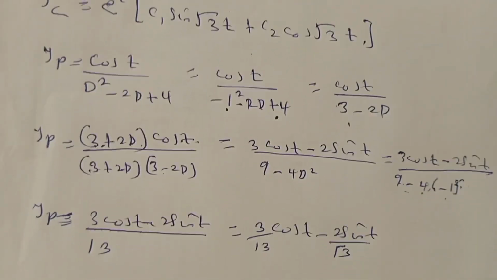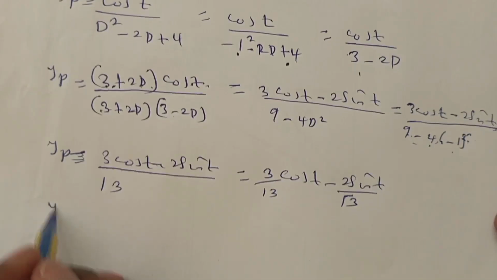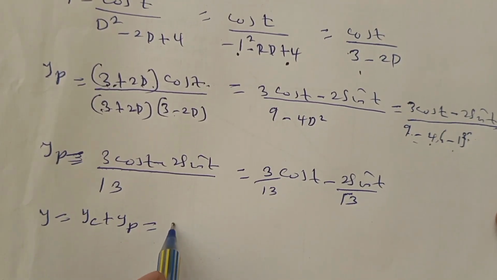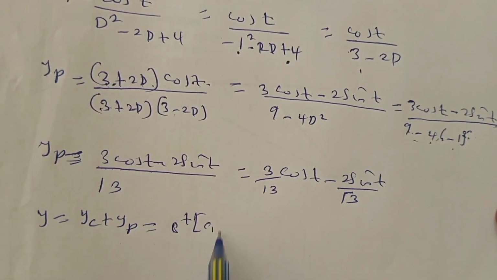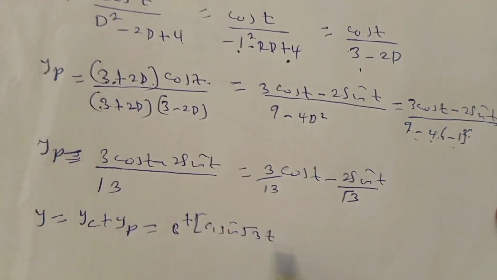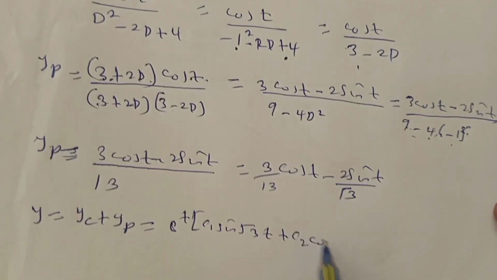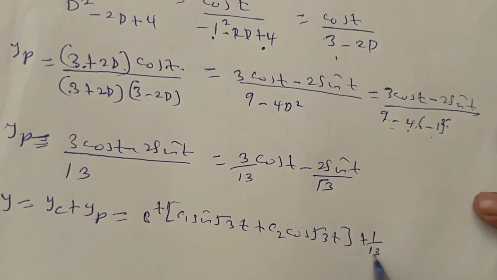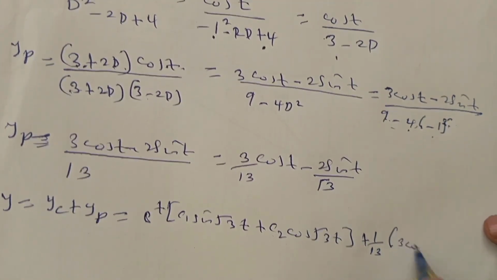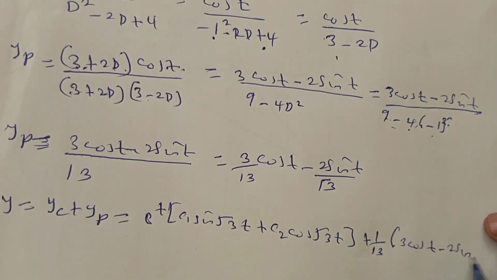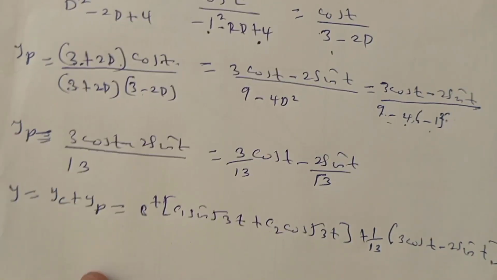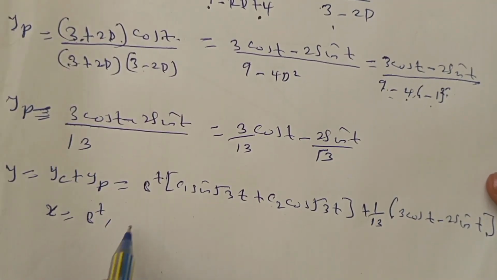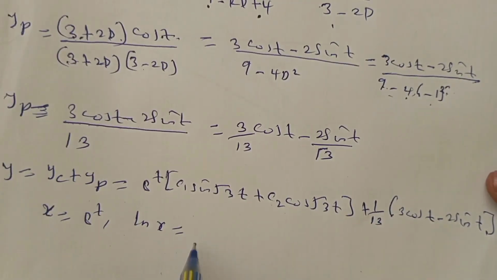Now, our y will be given by y complementary plus y particular, which is equal to exponential t into bracket c1 sine of root 3 t plus c2 cos of root 3 t, close the bracket, plus 1 over 13 into bracket 3 cos of t minus 2 sine of t. Now, we remember that x is equal to exponential t, and natural logarithm of x is equal to t.